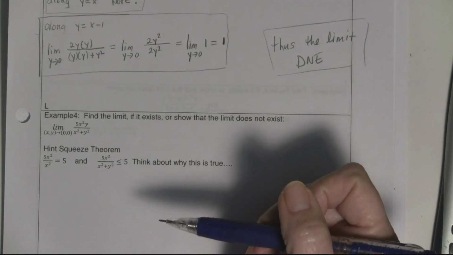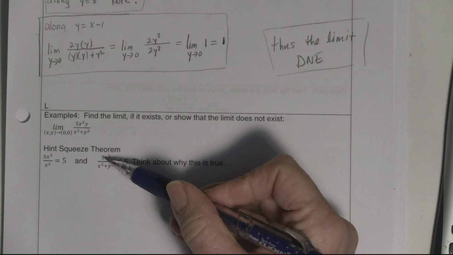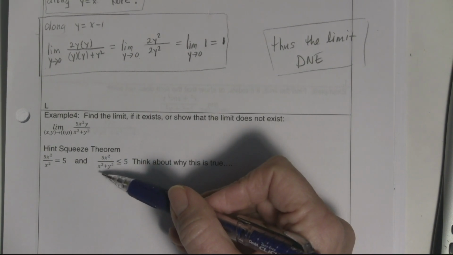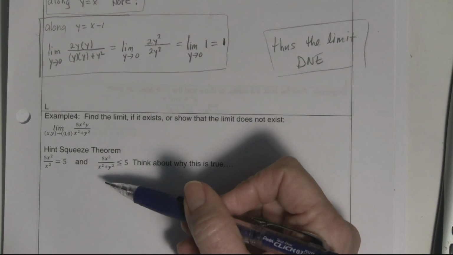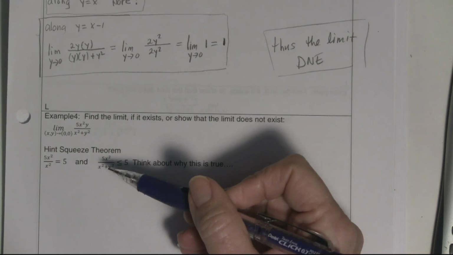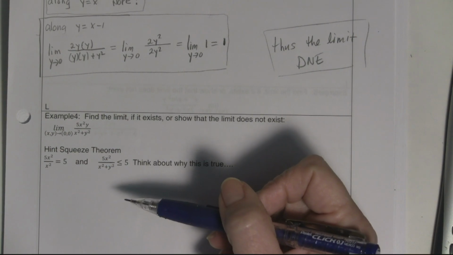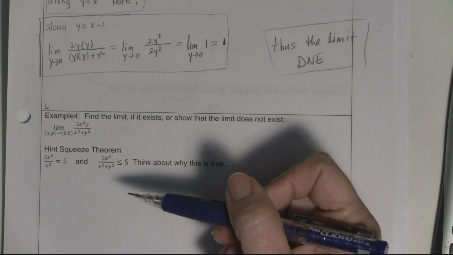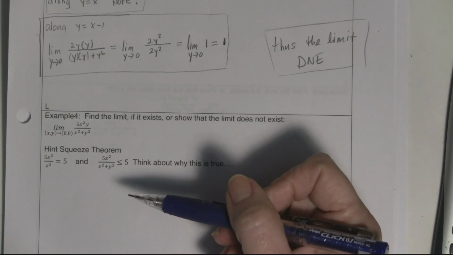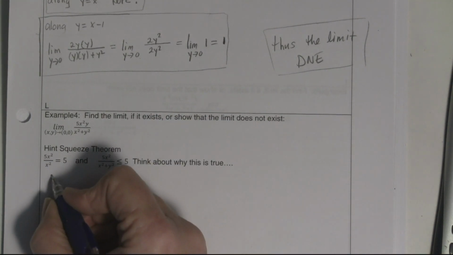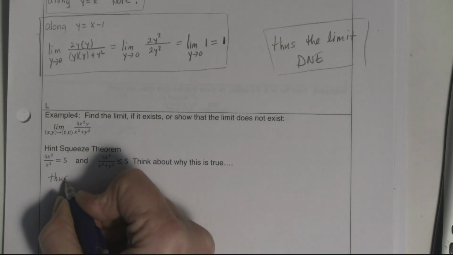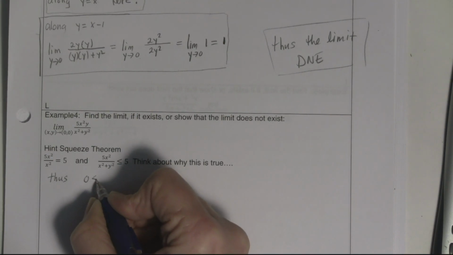But the other thing I can say about this, because 5 is positive, x squared is positive, x squared in the denominator is positive, y squared is positive, and I'm adding them, I can always say that this is non-negative. Would you guys agree with that? And so thus, I have this.